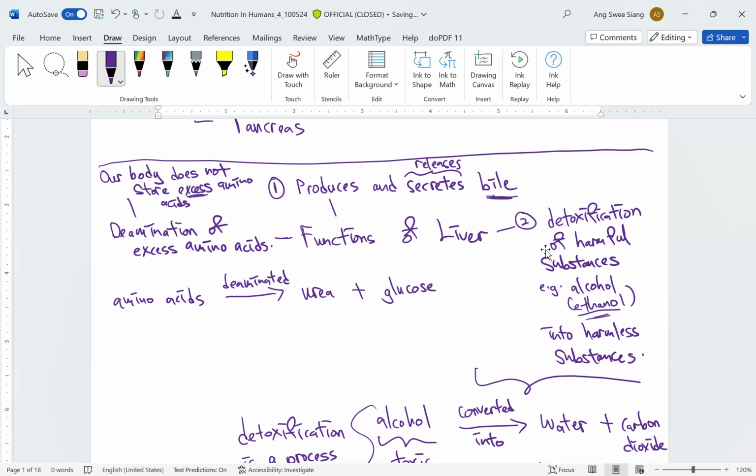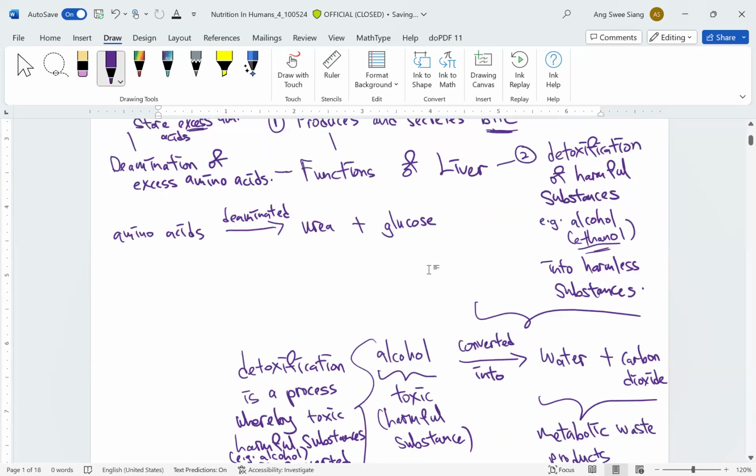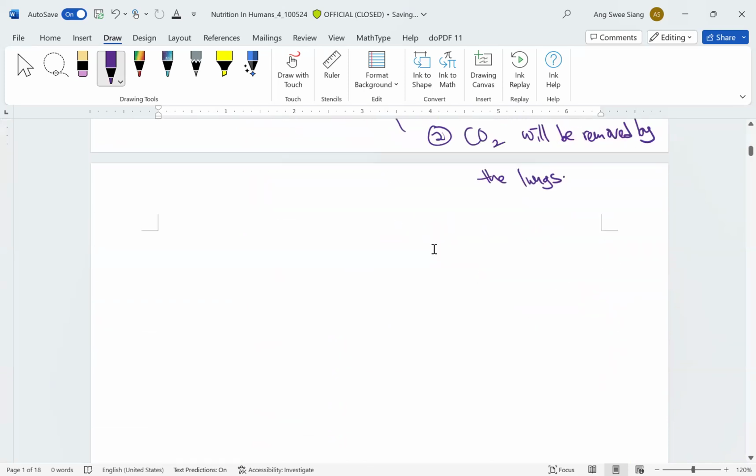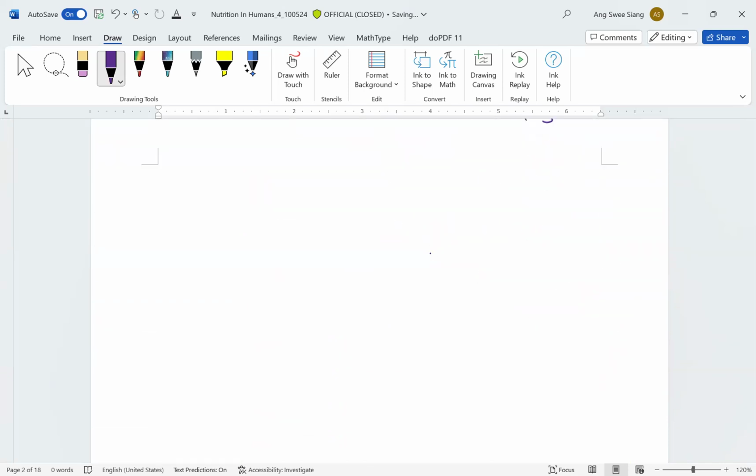So let's look at the structure of an amino acid. There is no space, so I go down. Okay, the general structure of an amino acid.